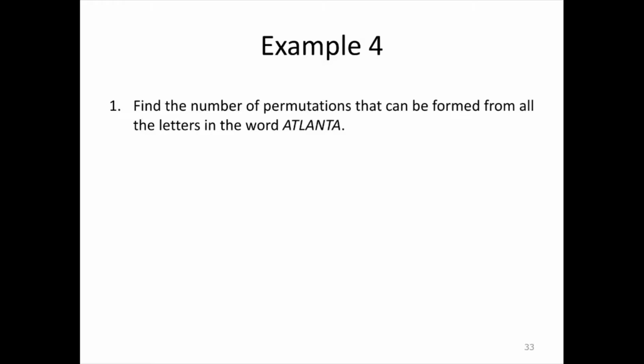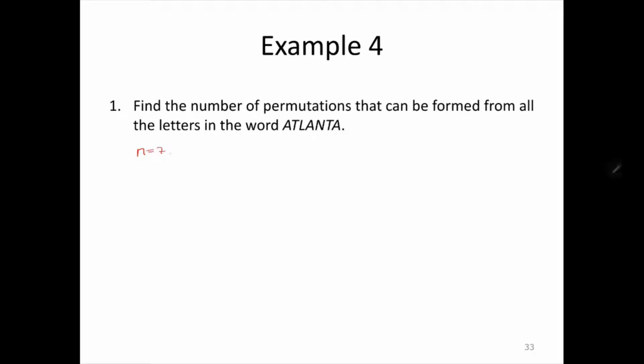So how many objects do we have now? Altogether we have n, which is 1, 2, 3, 4, 5, 6, 7. We have 7 letters, so n is equal to 7. But then we have the letter A, and there are 3 of them.